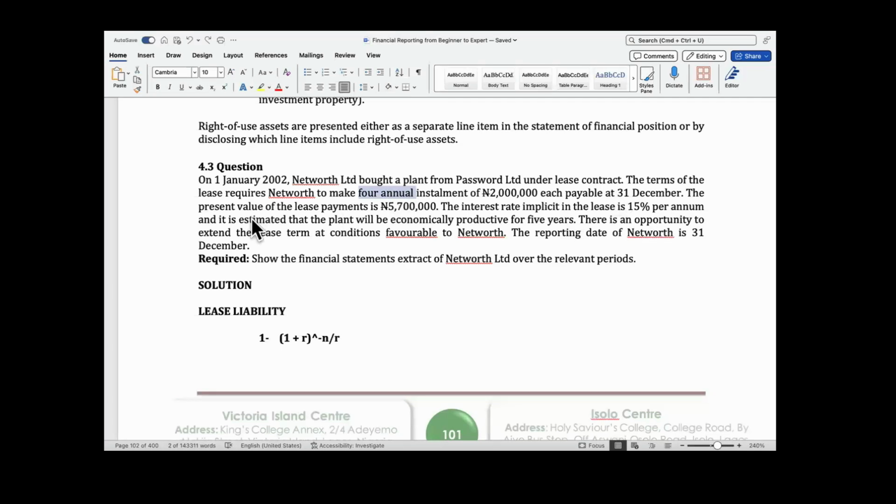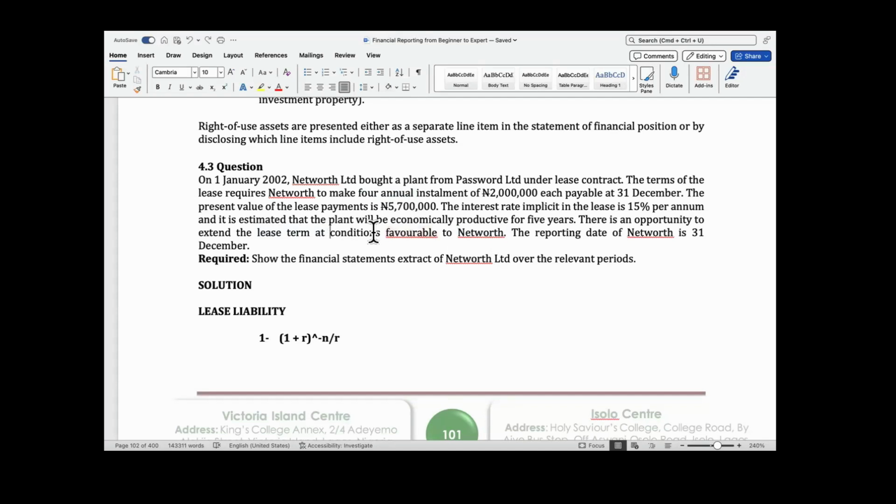He said there's an opportunity to extend the lease term at conditions favorable to net worth. So we can extend the lease term at conditions favorable to net worth.